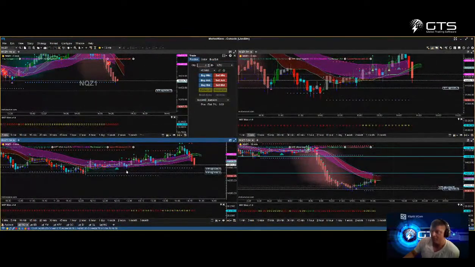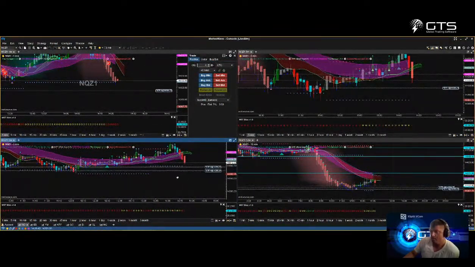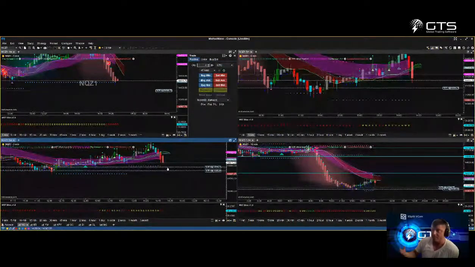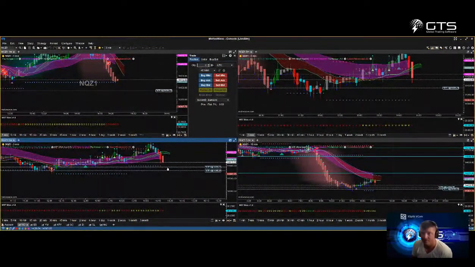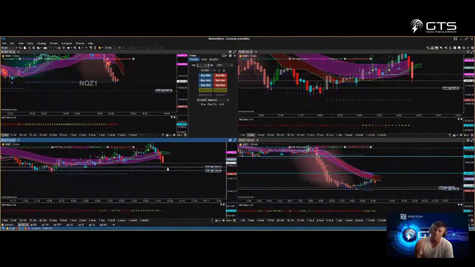Looking for a push down through this support right here to get some traction to the downside, because I don't know that I would want to take any trades until it got down through here. I mean, it's more sensible to wait than it is to just jump in and hope for the best.